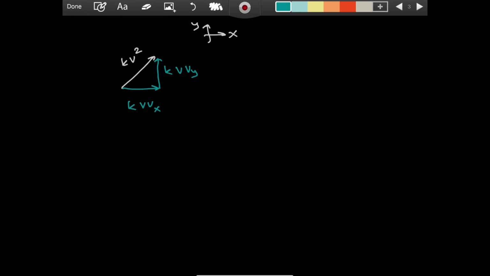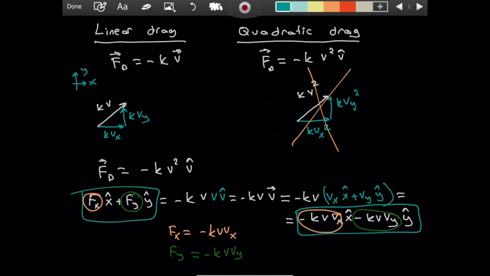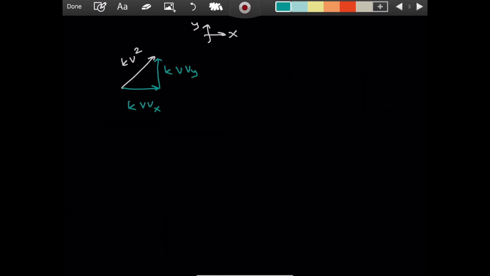I mean, this might be interesting, but we just showed that it is the case. We used components of vectors. And it is sometimes conventional to write this result as k times the square root of vx squared plus vy squared, times vx, and this one as k times the square root of vx squared plus vy squared, times vy.